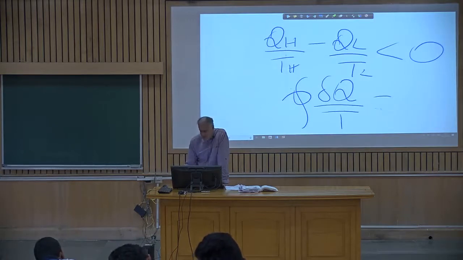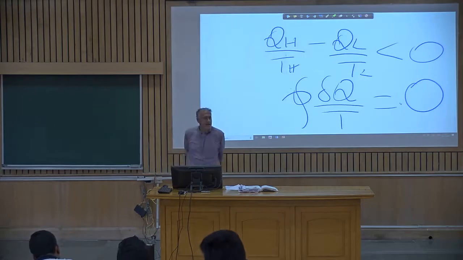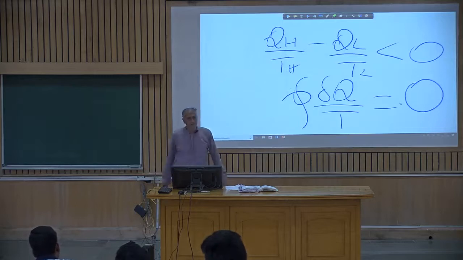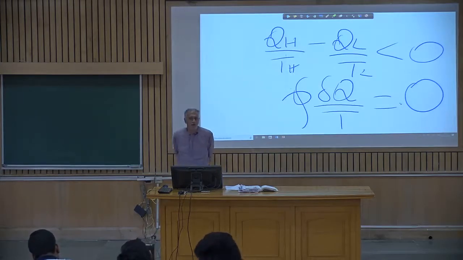This is a reversible process. Correct? I wrote it as a cyclic integral here. Can you write that for irreversible process, cyclic integral? Dou Q, you know why I'm writing dou, right? It's a path function.